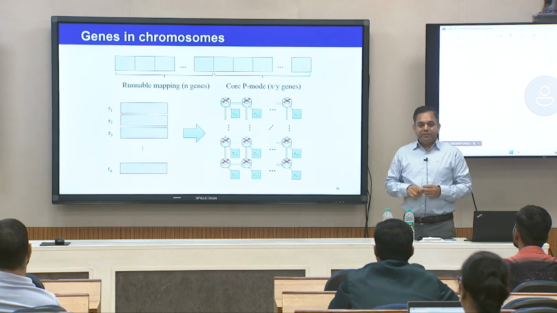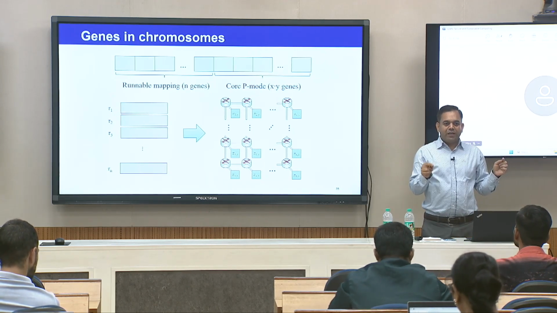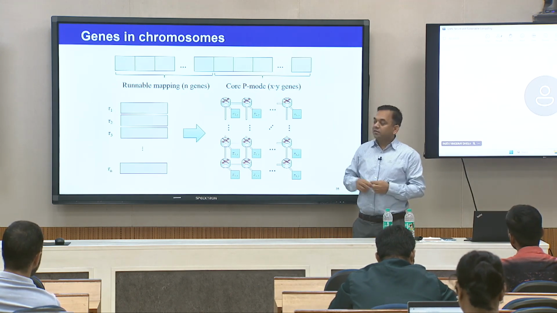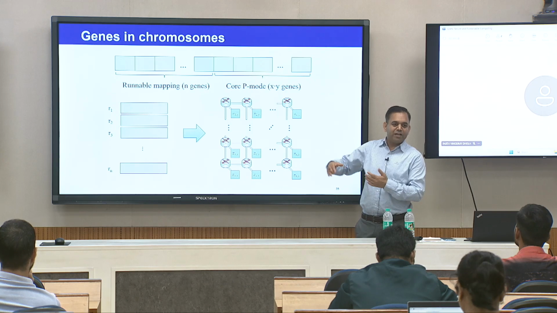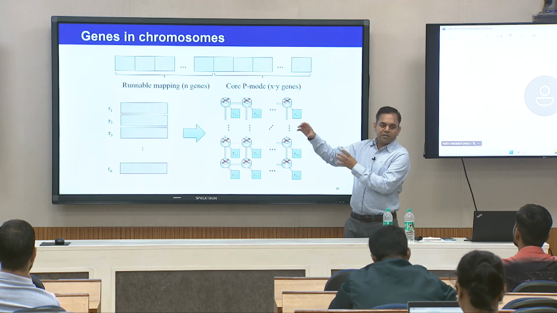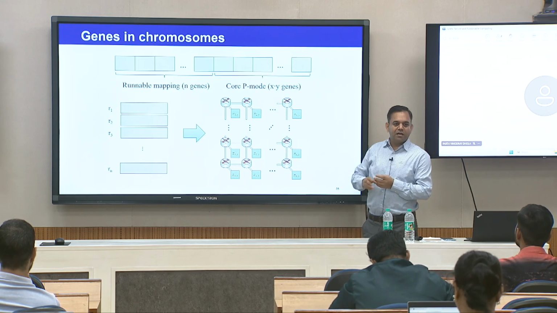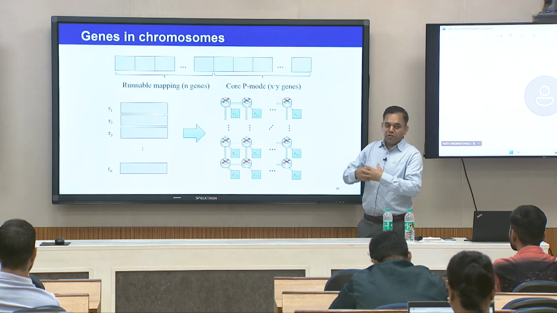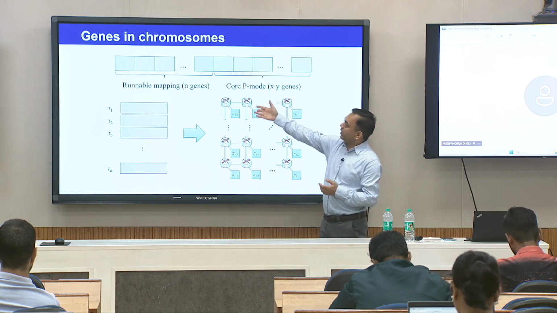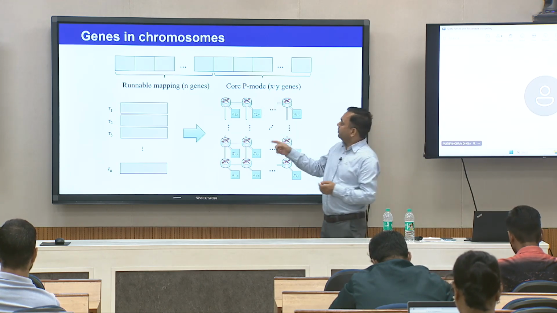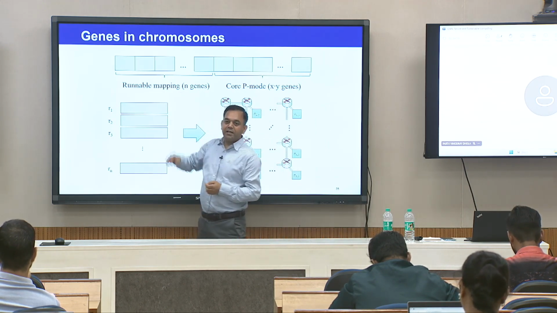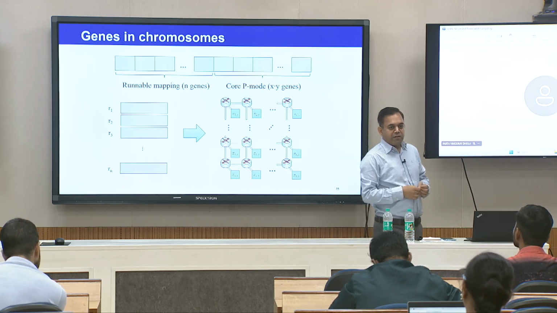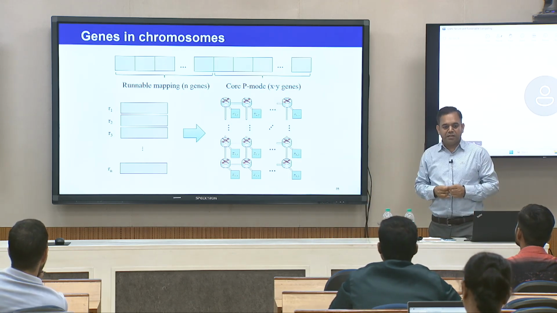Now remember in the previous slide we started with some initial population. This is one of the population members. Similarly, you can generate more, maybe 10 of them, apply that process and keep repeating. After a certain point you can choose the best gene, which tells you the mapping, that is, the core number inside each runnable gene, and the voltage and frequency, and then you can choose the best design point.